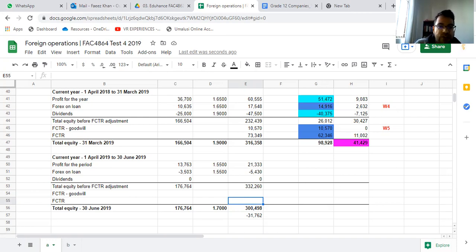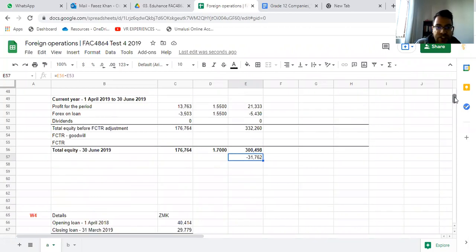So now we're going to do that split. If I can ask you to take 7 minutes to work out the split of this FCTR between Goodwill and the normal FCTR. Can I ask you to try it? Take the number 31,762.